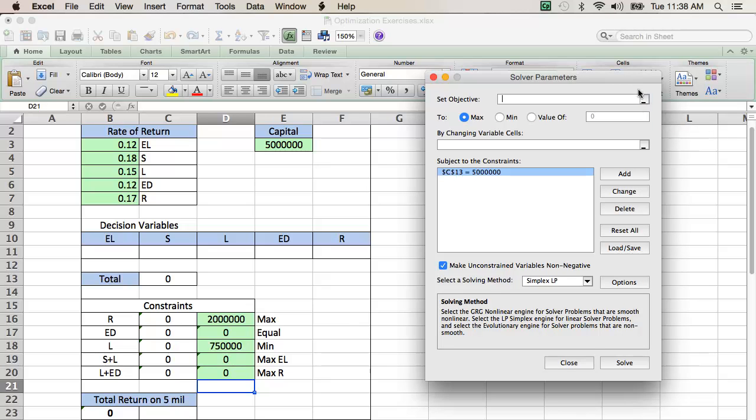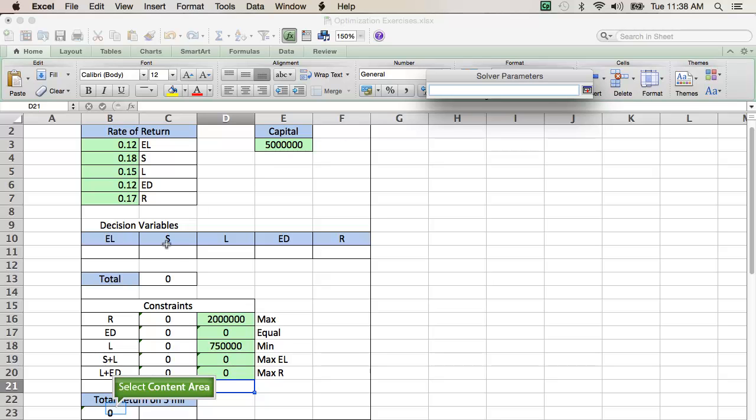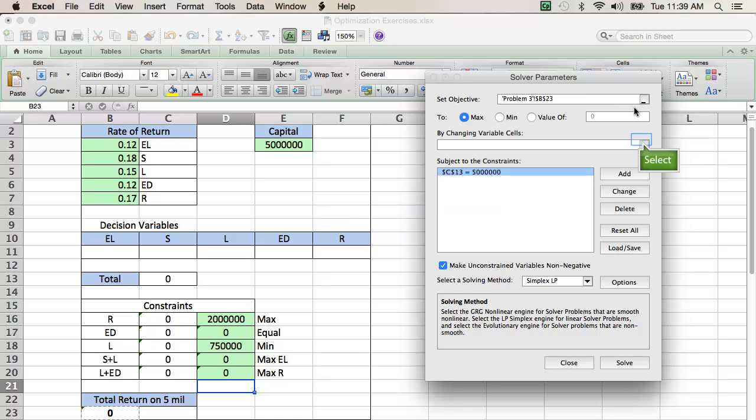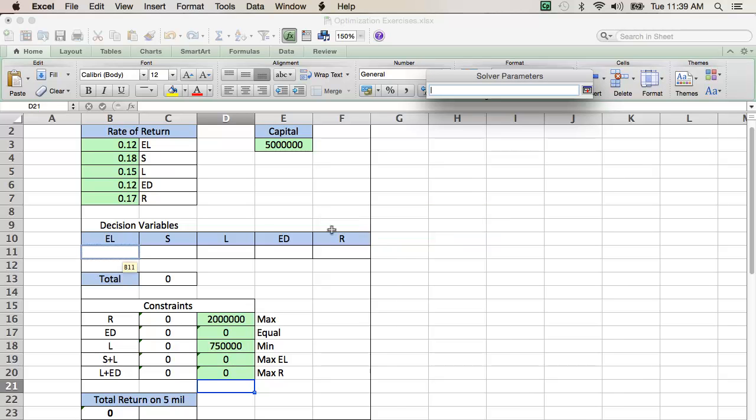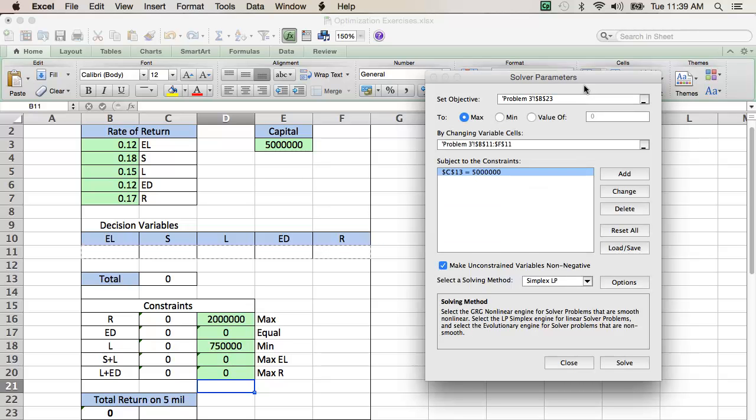Here, our objective function is to maximize the total return by changing the amount of our 5 million that we invest in each of the 5 market areas, subject to some constraints. Well, the first constraint that I've added is that the total, or the sum, of each market area investment is going to be equal to 5 million. We want to invest all 5 million available.